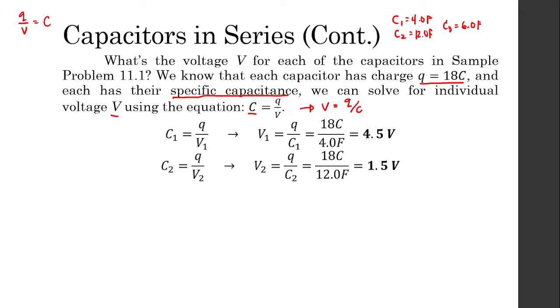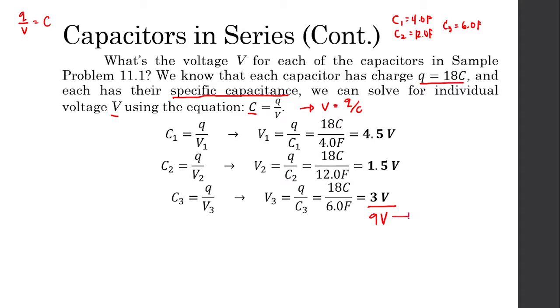C2 has a voltage of 1.5 volts, and capacitor 3 has a voltage of 3 volts. What is interesting, however, is if you add all of this, 4.5 plus 1.5 is equal to 6 volts, plus 3 is equal to 9 volts. And where do you notice this 9 volts?